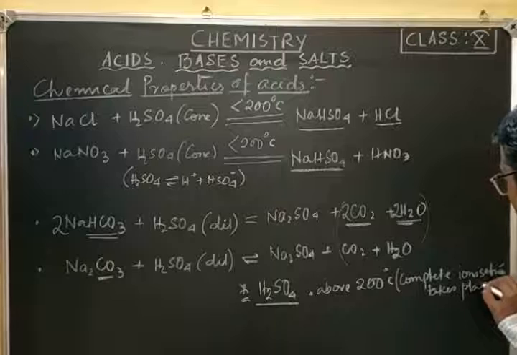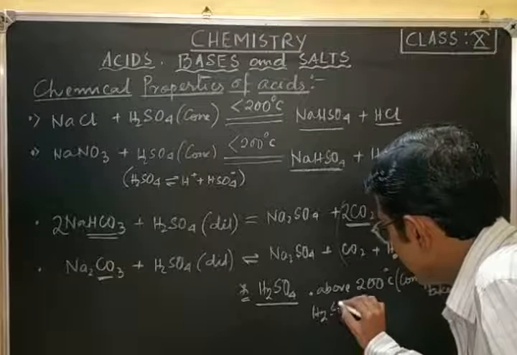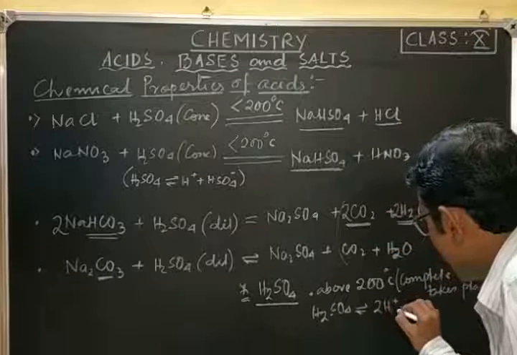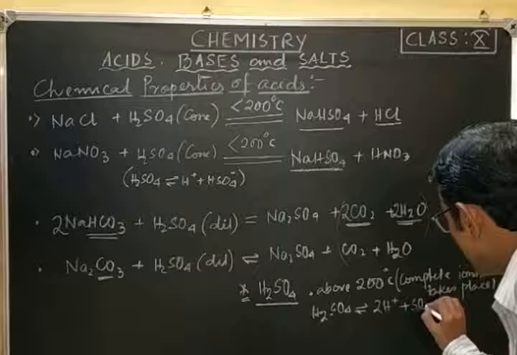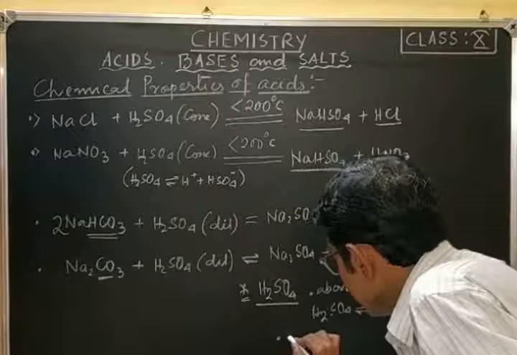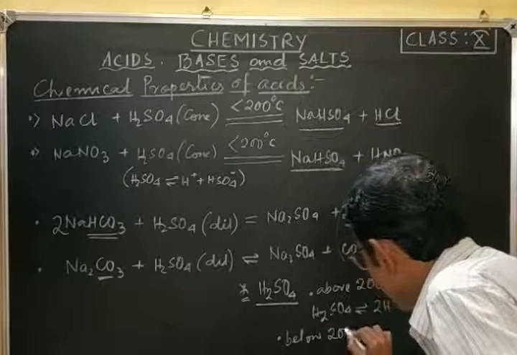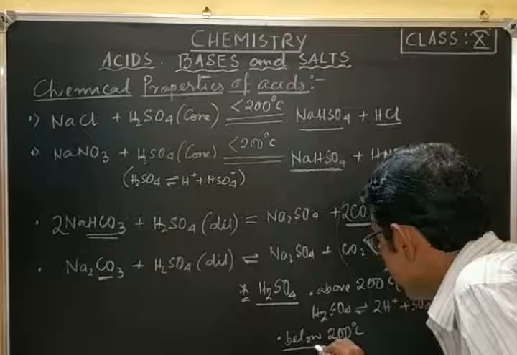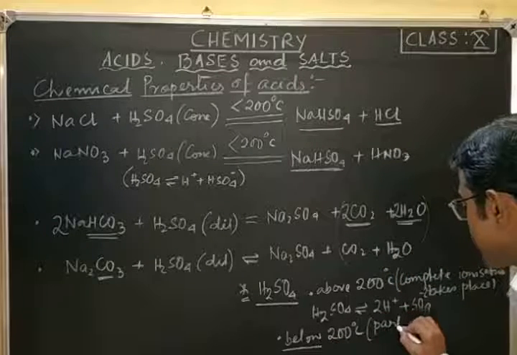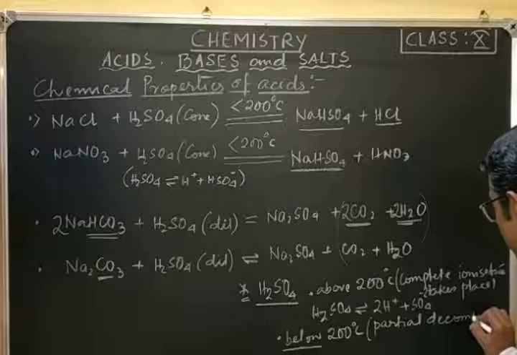So what is that? You can ionize H2SO4 like this. Remember this one: 2H plus, 2 hydrogen ions, plus SO4 2 minus. And if the reaction is taking place below 200 degrees Celsius, then partial decomposition takes place.